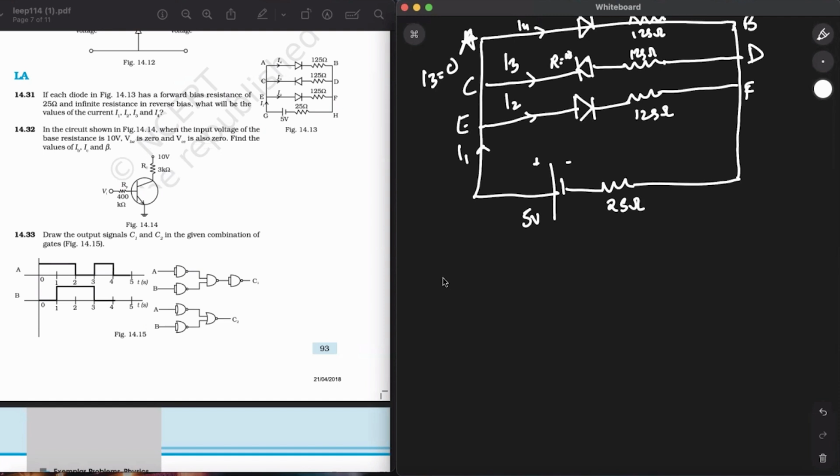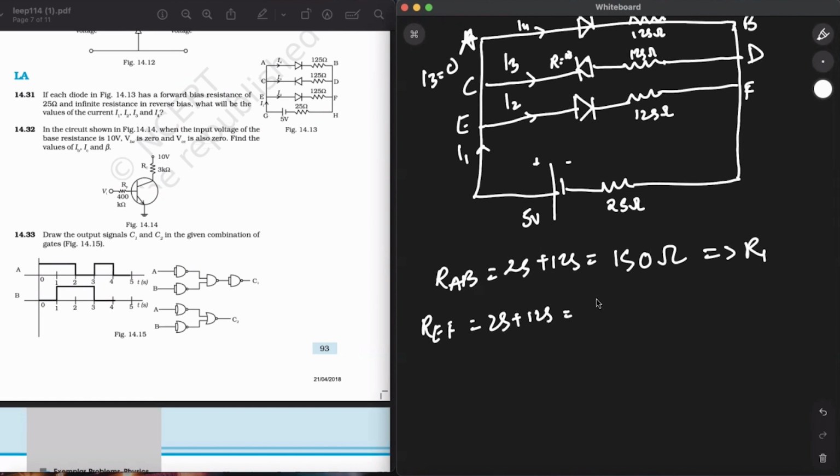The resistance in the branch AB will be equal to 25 plus 125, which will be 150 ohm, and I'm going to say that this is my R1. Now, the resistance across the branch EF will be 25 plus 125, which is 150 ohm, nothing but my R2.